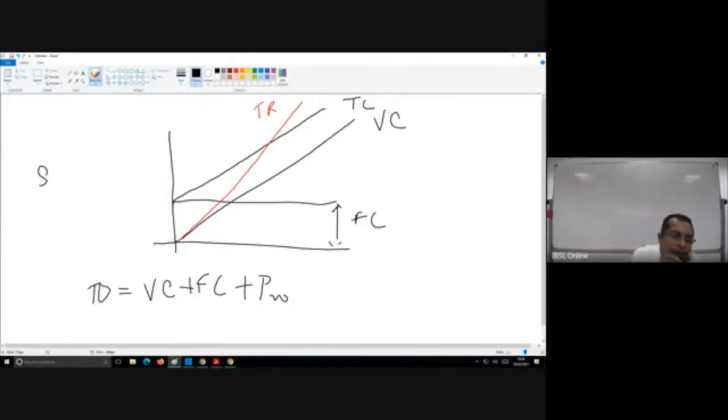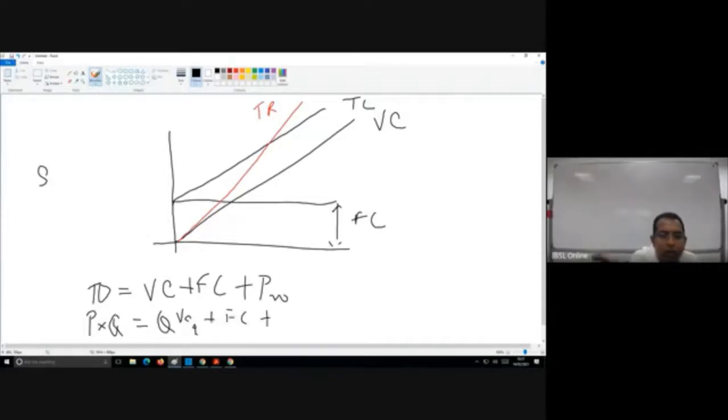So turnover equals price into quantity. Variable cost equals Q into variable cost per unit, right? Fixed cost is fixed cost.